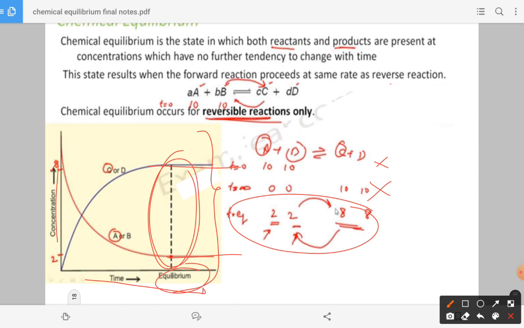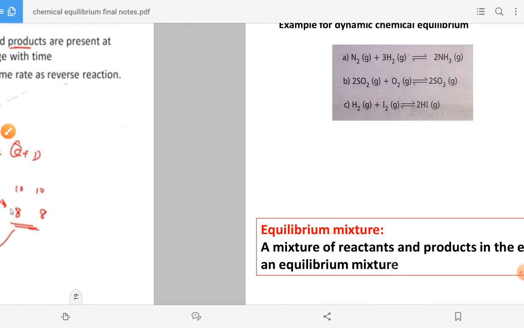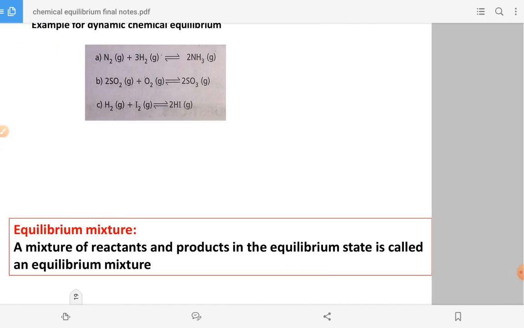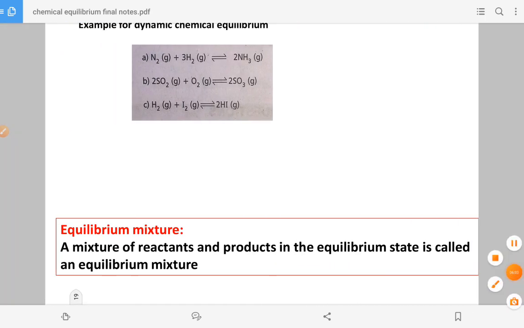Now go to the next slide. Now let us see the examples for equilibrium. Examples for dynamic equilibrium: first we have N2 plus 3H2 gives rise to 2NH3.